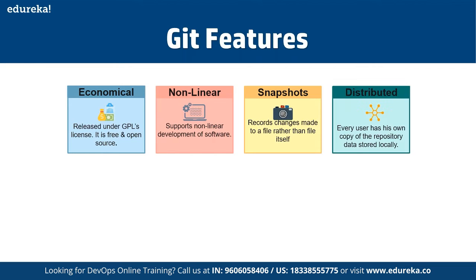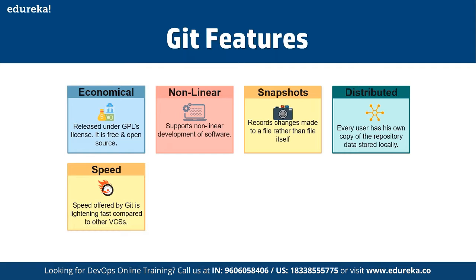That's why it makes sure that the file size and the bandwidth consumption are also low. It is distributed. That means every user has his or her own copy of the repository data stored locally, so that even if the remote repository is not available, users can continue to work, store the code locally, and whenever the remote repository is available, they can push the code accordingly.